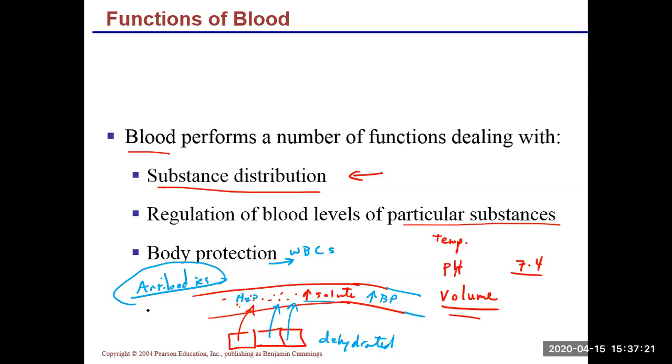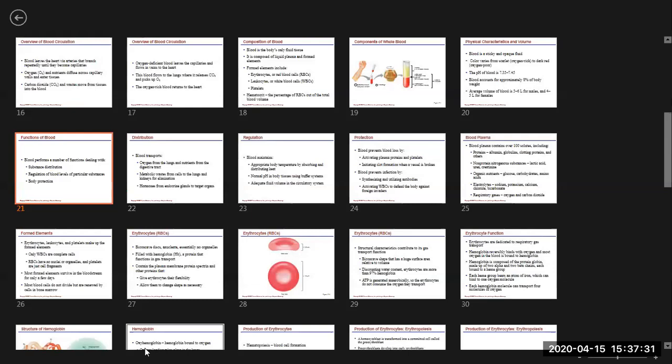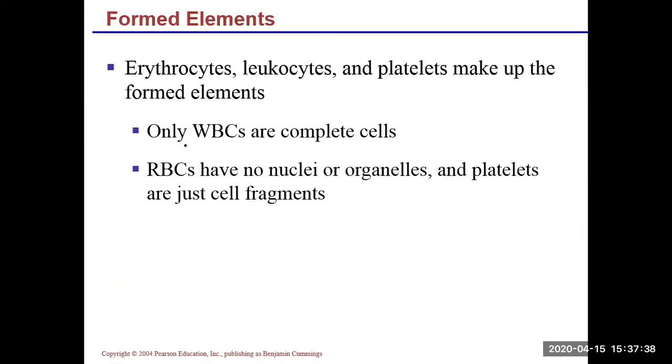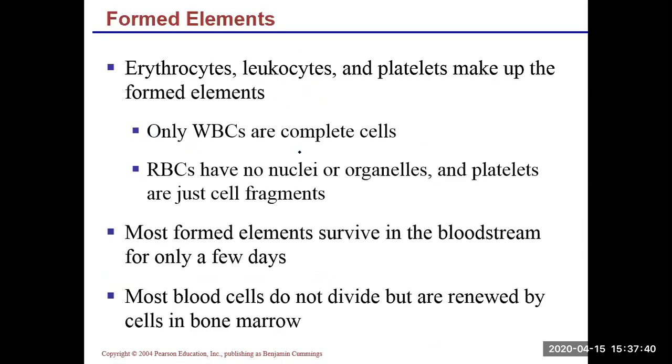Next up, I would like to go over a few other things and talk a little bit more about the formed elements. You can read the rest. The formed elements we mentioned are platelets, erythrocytes, and leukocytes. The white blood cells are complete cells, which means they have a nucleus and all those organelles. Red blood cells are not so.